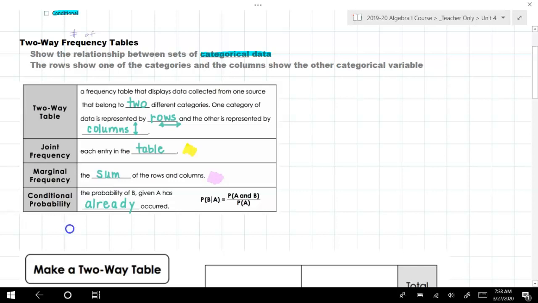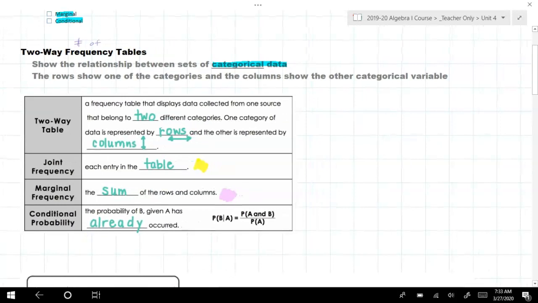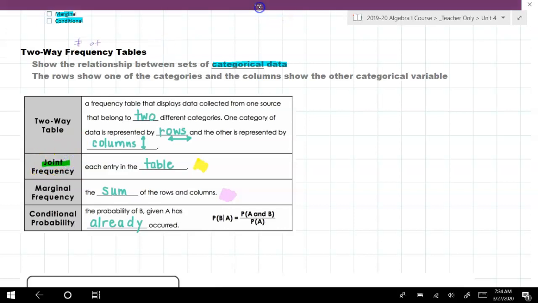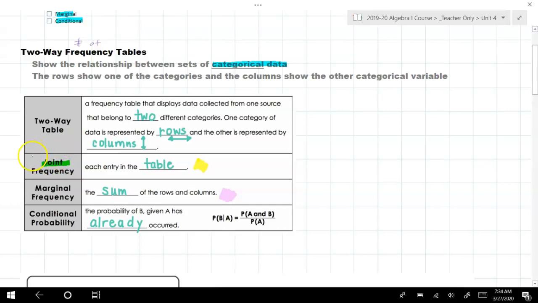So a two-way table is a frequency table that displays data collected from one source that belong to two different categories. So there's one source collecting two different categories. The word joint means inside or what they have in common.